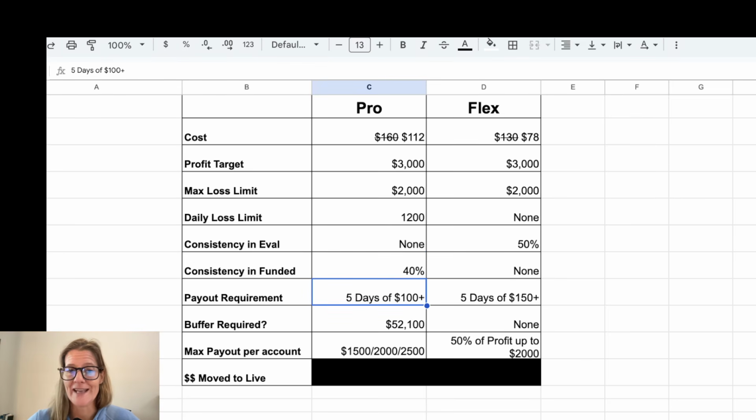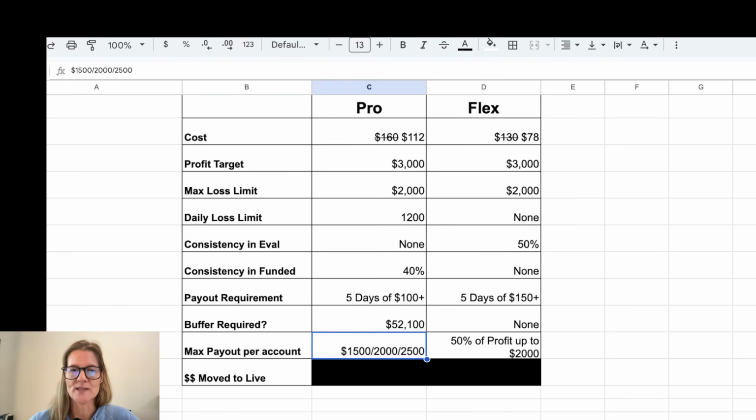You have to have 5 days of a minimum of $100 in profit or more. You have to hit the buffer, so you have to have at least $2,100 in profit total across your 5 days. And then once you hit all of those accomplishments, your first payout is going to be $1,500 per account.